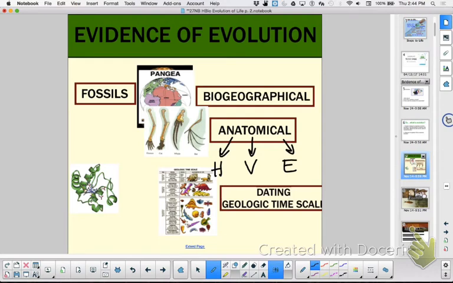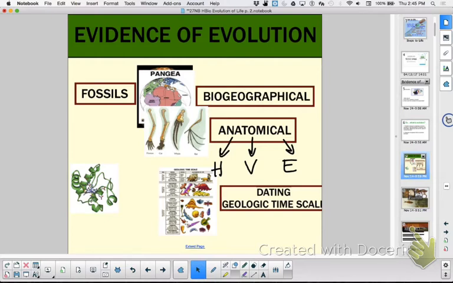So homologous structures are, hey, you have a humerus, radius, ulna, carpals, metacarpals, phalanges. So since we have this, and you have that, you're a whale, and you have that, you're a fish, and you have that, you're a sloth, and you have that, you're a horse. So since we have similar anatomy, we probably have a common what? Ancestor, common DNA. Those are homologous structures.